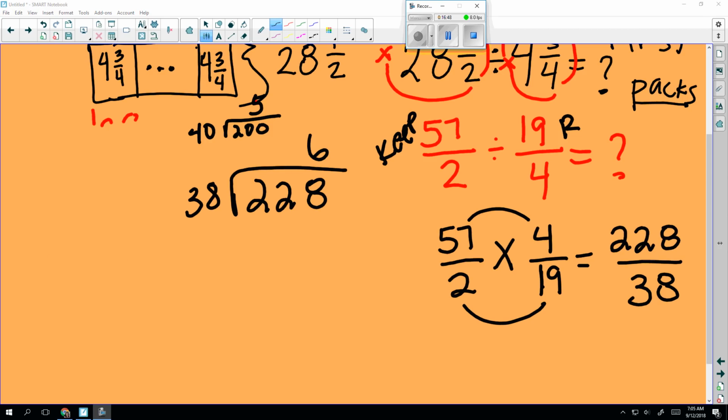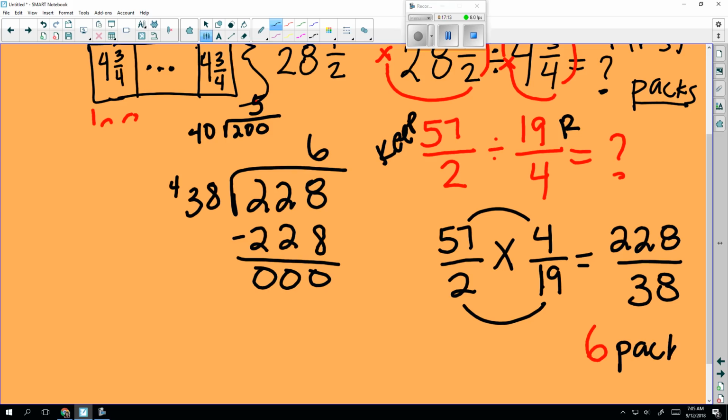So I'm going to go up to 6 because I think 6 is going to give me the right answer because 190 was too small. So I know that 6 times 8 is 48. And I know that 6 times 3 is 18 plus 4 is going to be 22. And that goes in perfectly, which gives me an answer of 6. Oh my gosh, I did it again. 6 packs. Okay?